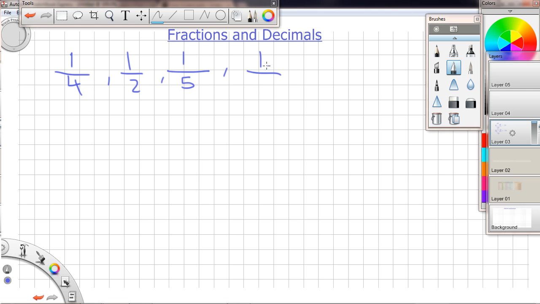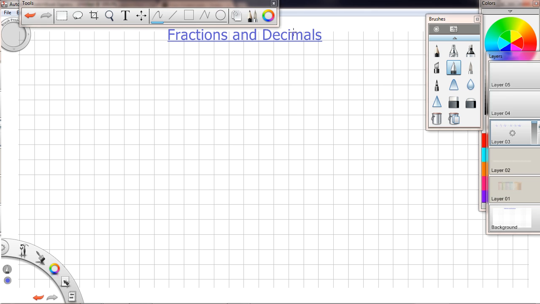Well, 10 is already done for you. Let's see, 20, 25. Am I missing anything? So these you can convert into tenths, and these you can convert into hundredths. 50, so if you had 1/50, that would be really easy to convert to a decimal. Basically, you're looking for denominators that are factors of 10 or 100, and you can use that method.